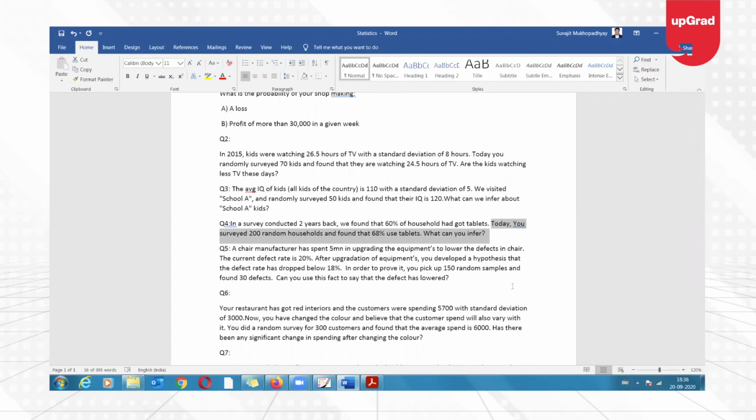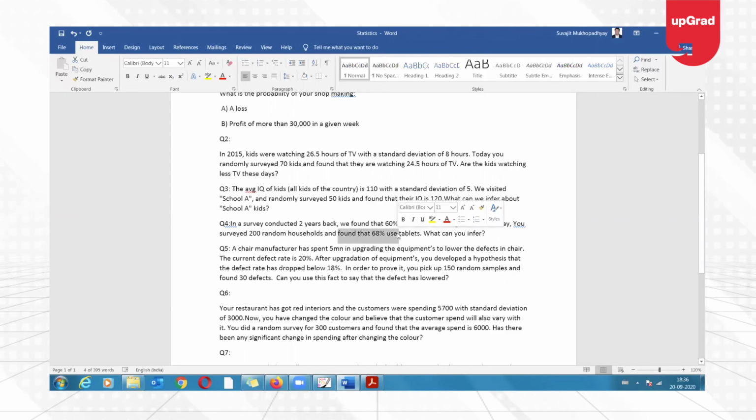So what can we infer? Today we found that 68% is using tablets, which is higher than the survey conducted 2 years back. So we can clearly see that it's higher. But is it enough that we can say that today people are using more tablets?